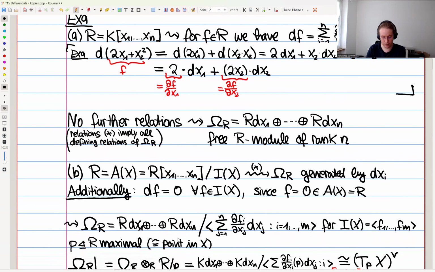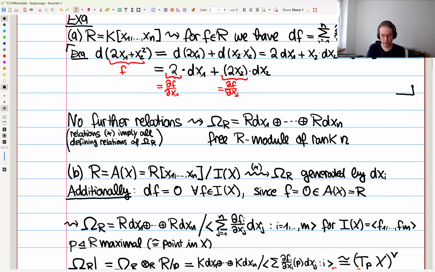And you can again show that what this means is that this omega R is still generated by dx_i. So this is what you get if you just use these relations here. And then if you use these extra relations, what you just see is that in fact you can just take any generating set of this ideal, so f_1 up to f_m, and then the corresponding relations d f_i equal to 0.